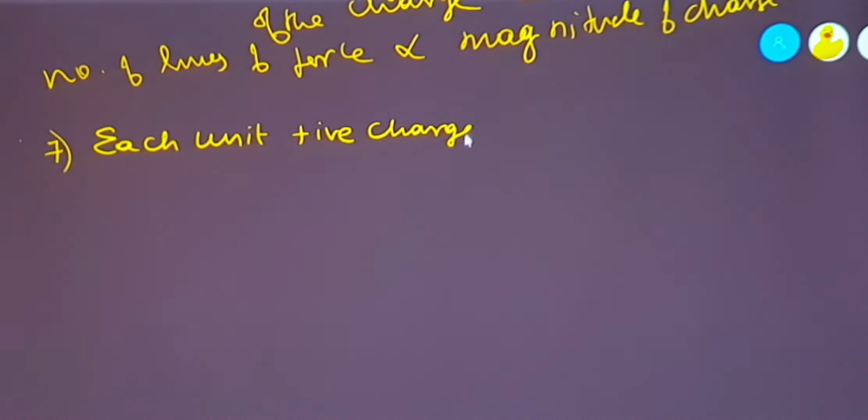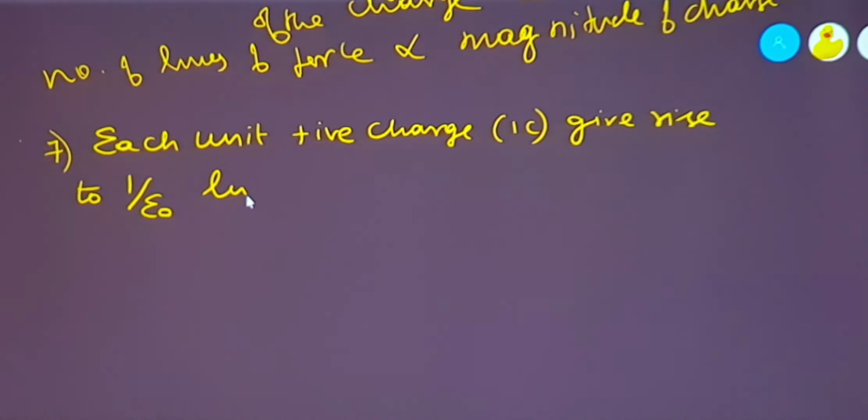That is point number 7. See, this is also an important point, may be asked in problems also. In your book it was given in some other way. In a simple manner we can write: each unit positive charge, meaning 1 coulomb of charge, gives rise to 1 by epsilon 0 lines of force.